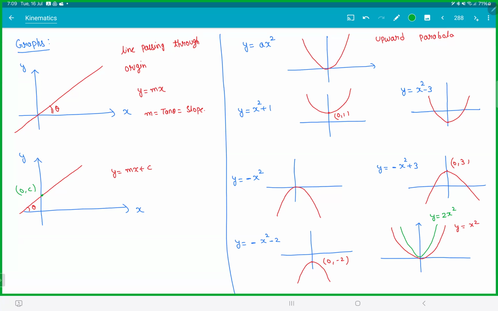Plus x square means upward parabola, minus x square is a downward parabola. In this there are again variations. The general equation is y - h = a(x - k) whole square. I just wanted you to know whether it's an upward or downward parabola, and from there we will see how to go ahead.